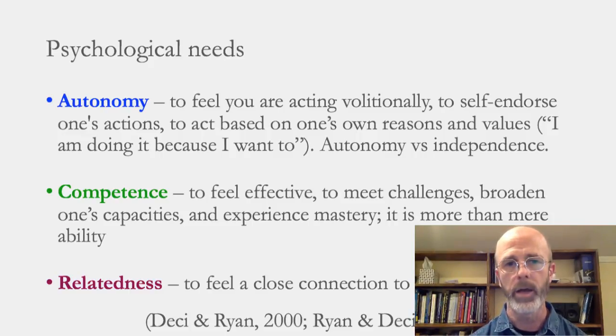Everybody has more or less the same physiological needs, nutrition, etc. And B, that in order for us to experience an optimal amount or kind of psychological well-being, we need these needs to be satisfied. Sometimes these psychological needs are referred to in the self-determination theory literature as psychological nutriments, kind of suggesting that like physiological nutriments, they nourish us.